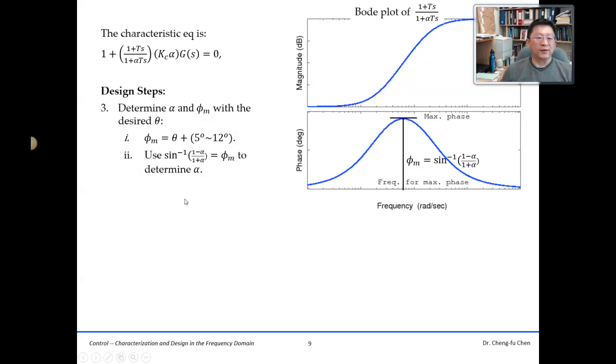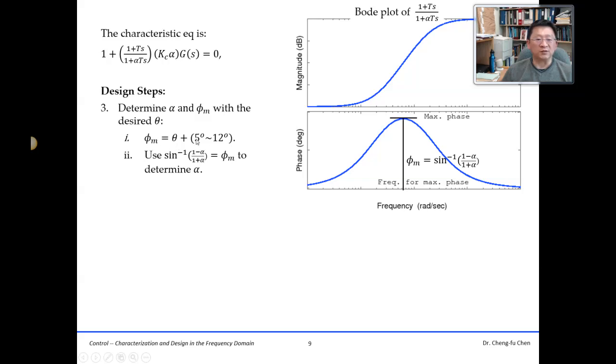The next step is to determine the maximum angle. From there, we could determine alpha. So basically, this phi m maximum is usually the desired theta plus a margin range, because this is the design. This range allows us certain flexibility for refined modulation.